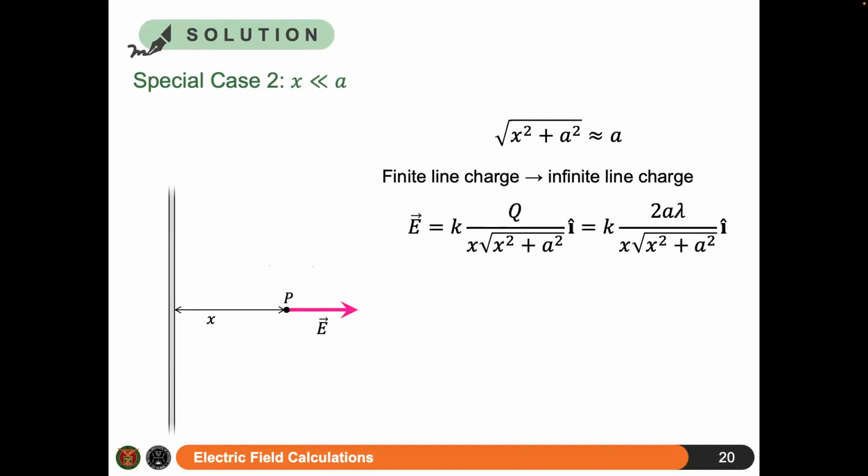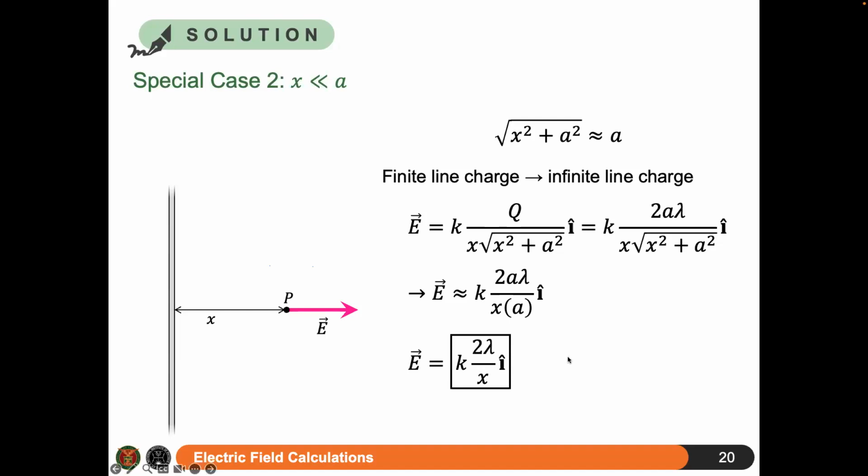And we obtain this. So a is left in the denominator. The q we replace with its lambda form, which is 2a lambda, or L times lambda. So we just obtain that.